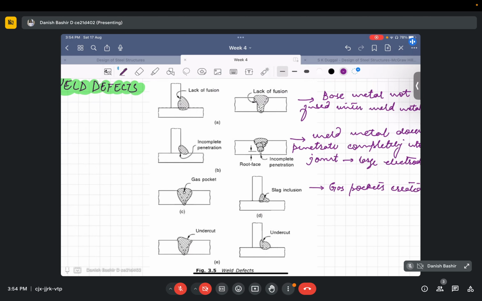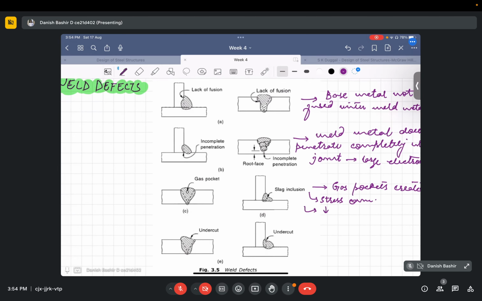It actually leads to stress concentration because of the porosity, and also reduces the ductility of the joint.